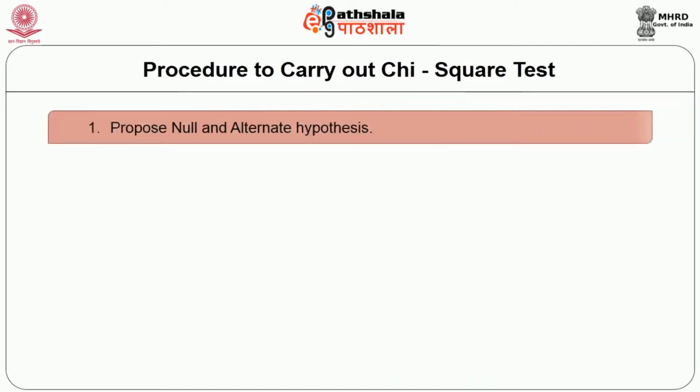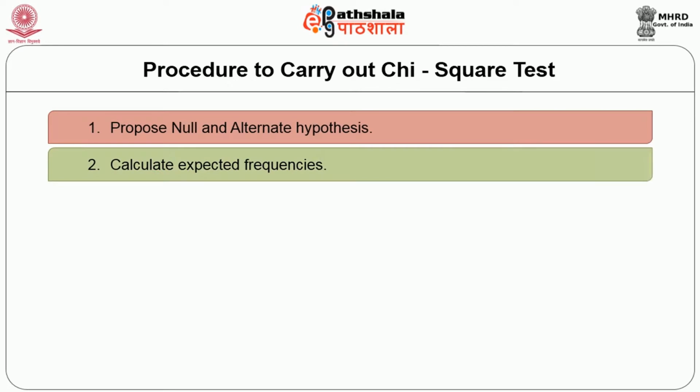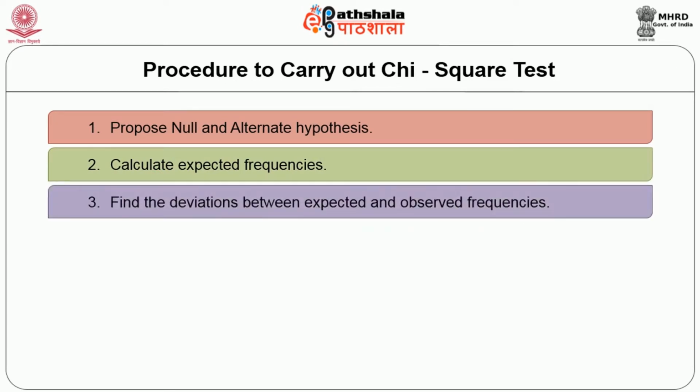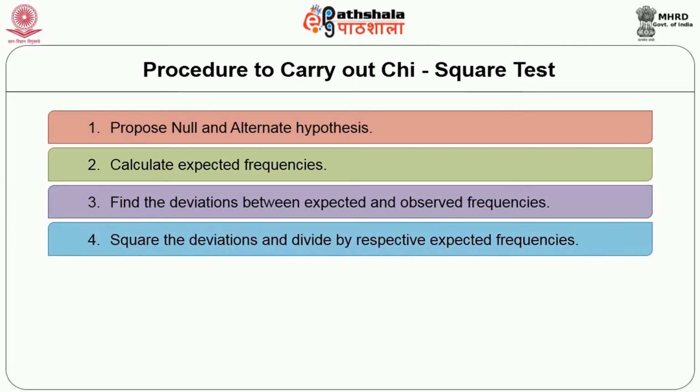The next one, procedure to carry out chi-square test. Propose the null and alternative hypothesis, calculate expected frequency, and find the deviation between expected and observed frequencies.